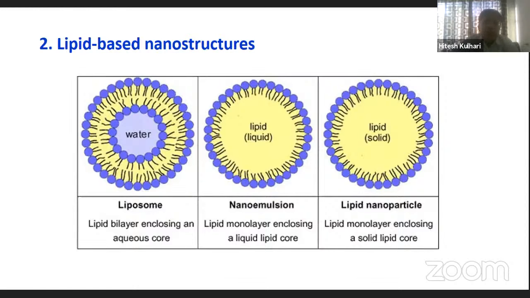A range of lipid materials are available which can be converted into nanoparticles. The advantage of polymer and lipid based nanoparticles is mostly their biocompatibility with the biological system.